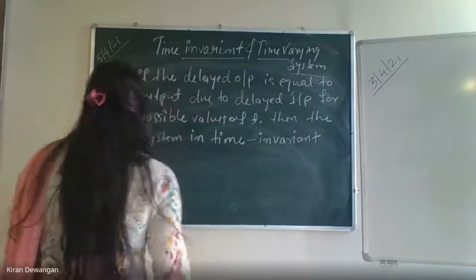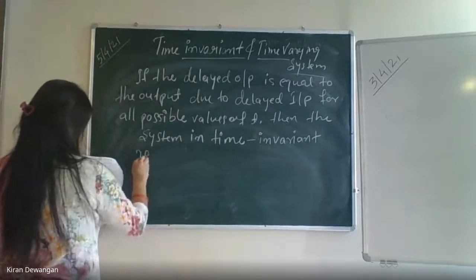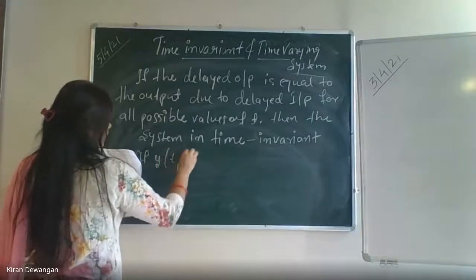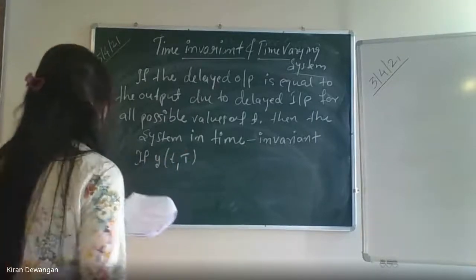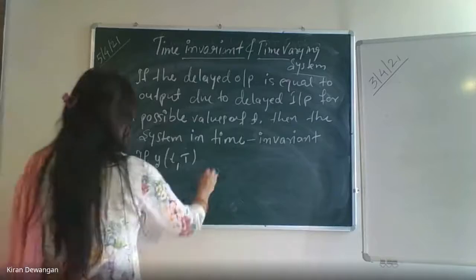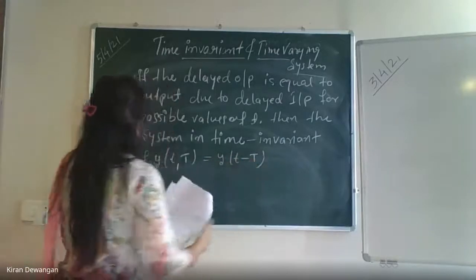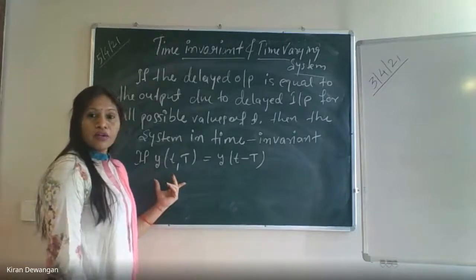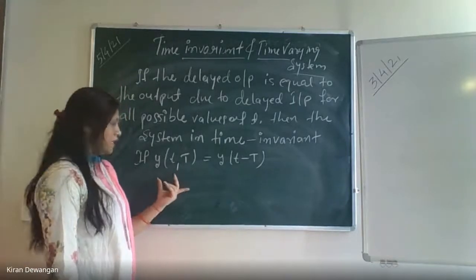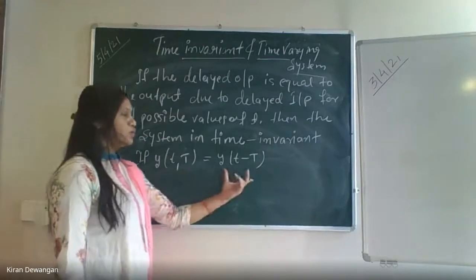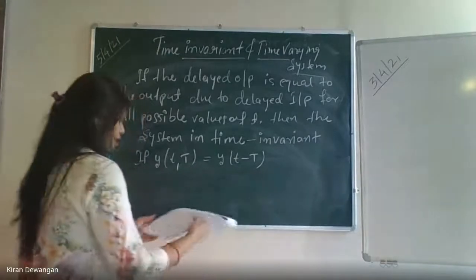ठीक है? If y t with shift in t is equal to y t minus t, मतलब जो yt है, whatever is my output yt, उसी को हमने शिफ्ट कर दिया है. It is producing y t minus t. ठीक है?